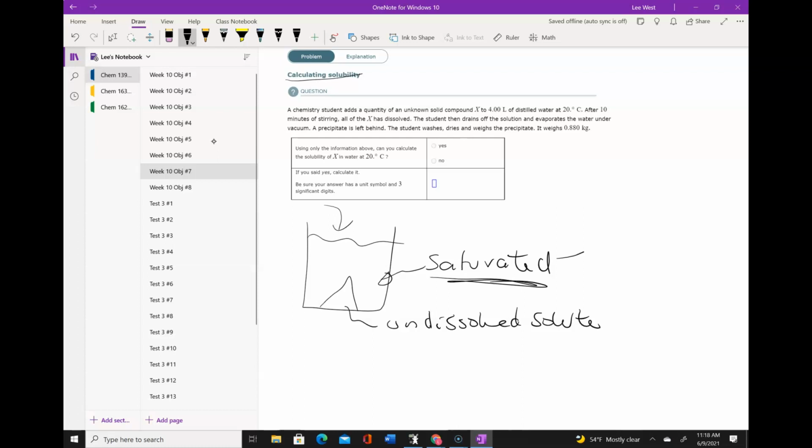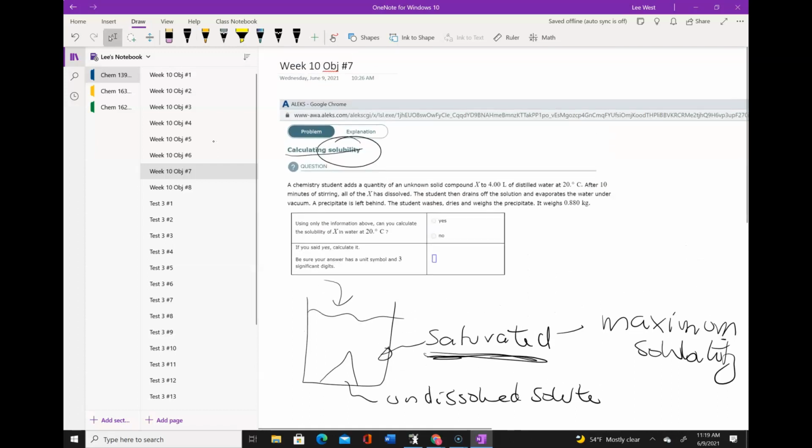So if we have a saturated solution, we can calculate the maximum solubility, right? The maximum amount of solute that can be dissolved. So that's what these questions about solubility are all about. You have to ask, do I have a saturated solution? Is that solution in contact with undissolved solute, and is none of that undissolved solute actually dissolving? So let's see what we've got.